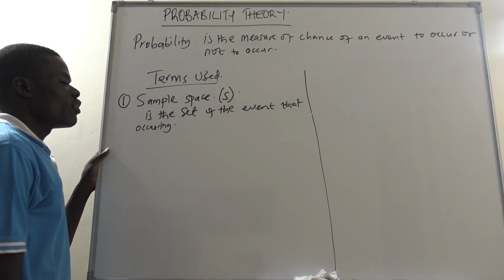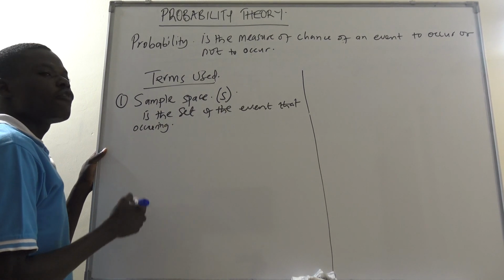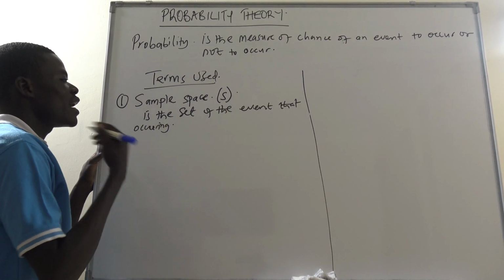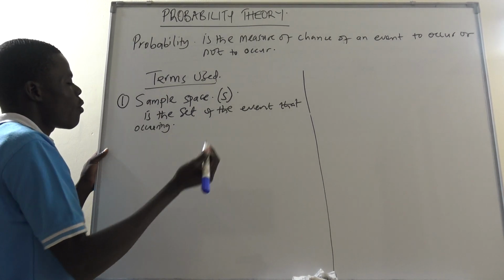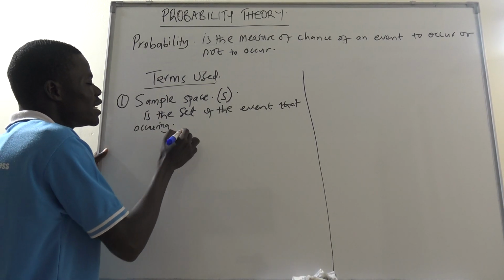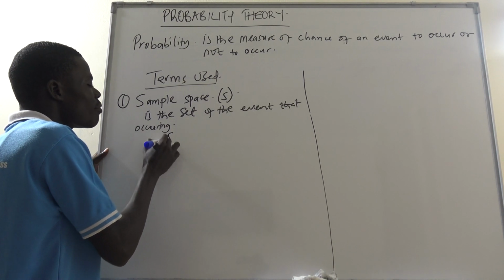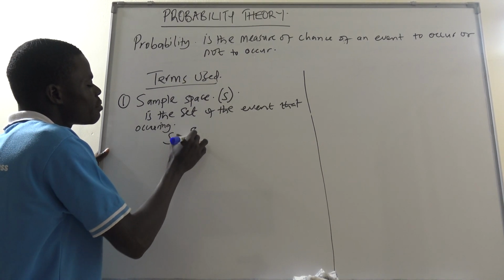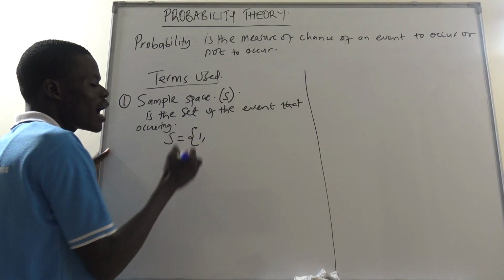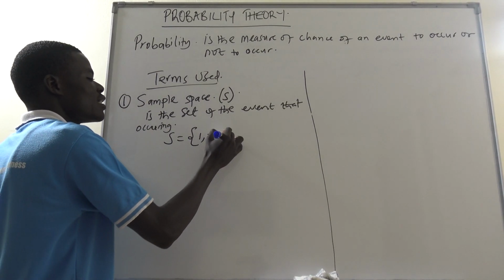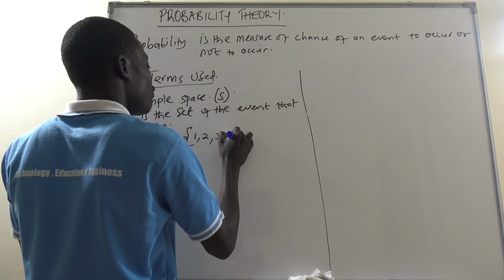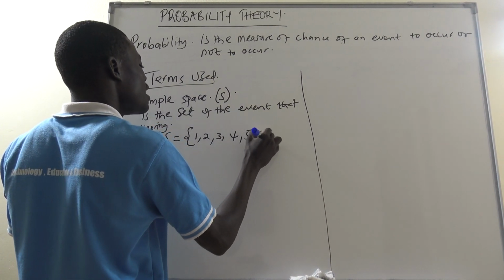So if you toss a dice once, that dice has a sample space which is a set of 1. The dice has 1, and then there's a side of 2, a side of 3, a side of 4, a side of 5, a side of 6.